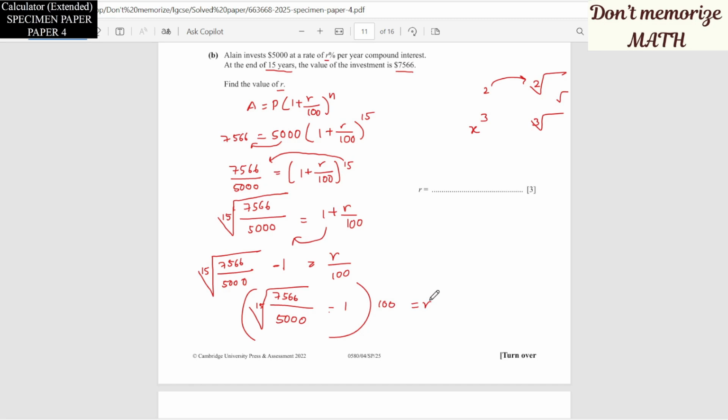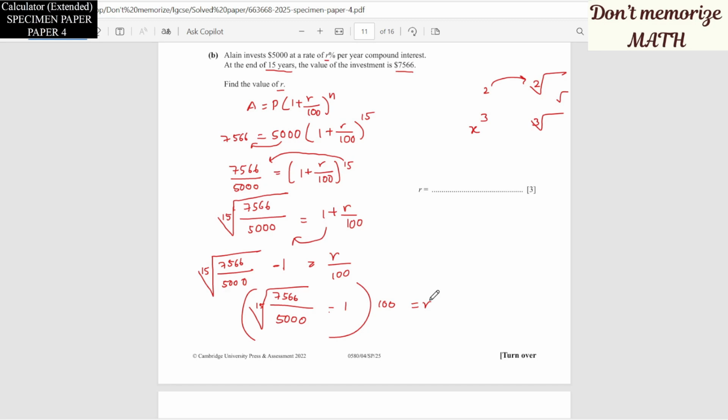So now take the calculator, open the bracket. How to take the 15th root? You can see x and power, right? So press shift and that x and power key. You can see everything in yellow. I'm using Casio FX991 ES Plus, in which if you want anything in yellow color, the shift letters they wrote in yellow, first press shift, then press the yellow key.